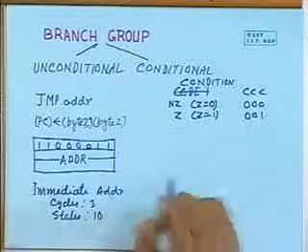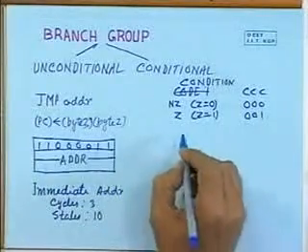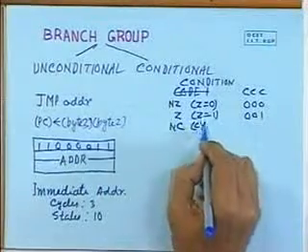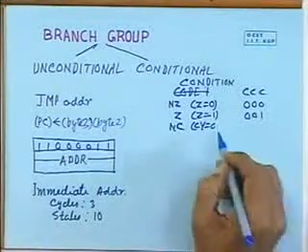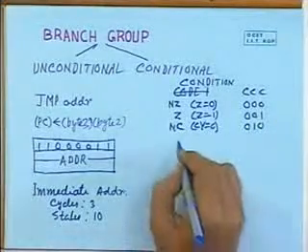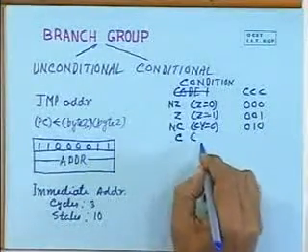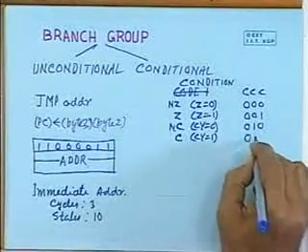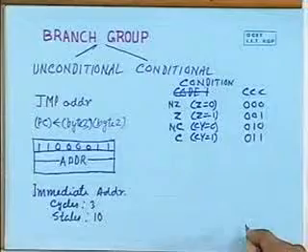Whenever there is no carry, meaning CY flag bit is 0, the corresponding code is 0, 1, 0. Then carry, when the carry flag bit is set, CY is equal to 1, then the code is 0, 1, 1.